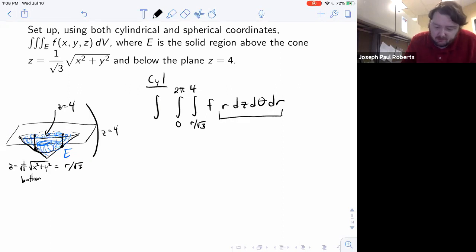Without too much trouble, we see that r should go from 0 to 4 root 3. So r is the radius of this shadow. The shadow I'm drawing is the orange disk in the xy plane.